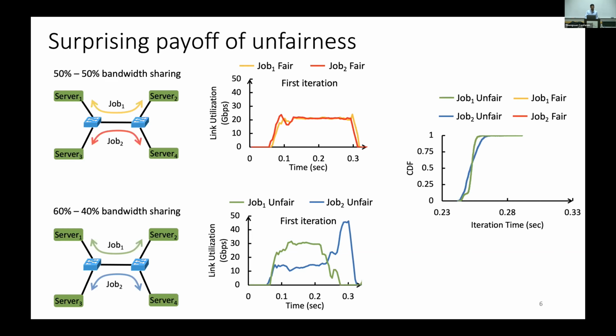In fact, what is more surprising is that they have faster iteration times as compared to the fair bandwidth sharing case. Isn't this surprising? Just adding some amount of unfairness helps in making the training time much faster as compared to the fair bandwidth sharing case. Let's dive deeper and see what's happening here.